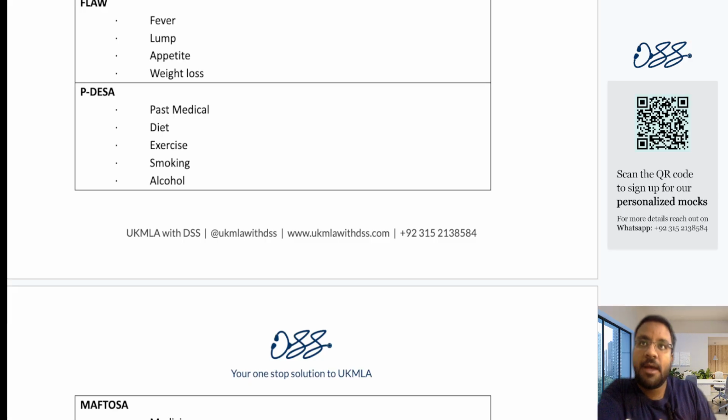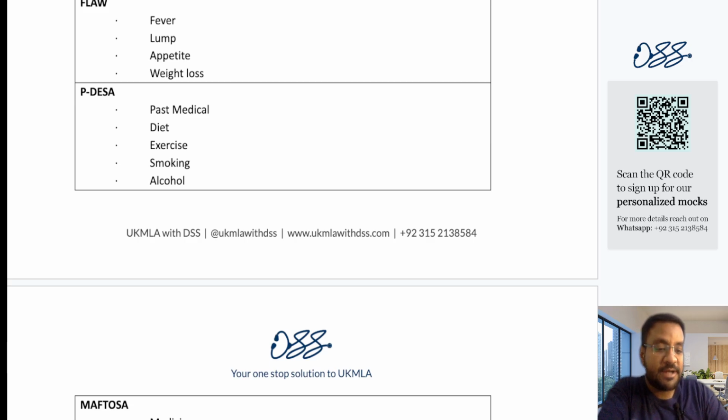You end up using 3 to 4 seconds of your time, and any weight loss would hardly take 1 second. Okay, so you're saving up to 3 seconds on one question. Okay, and there are at least 15-20 questions that you're going to ask. So just imagine you're going to save a minute. Okay, if you use this approach, and that 1 minute would be very very useful when you would be explaining your management.